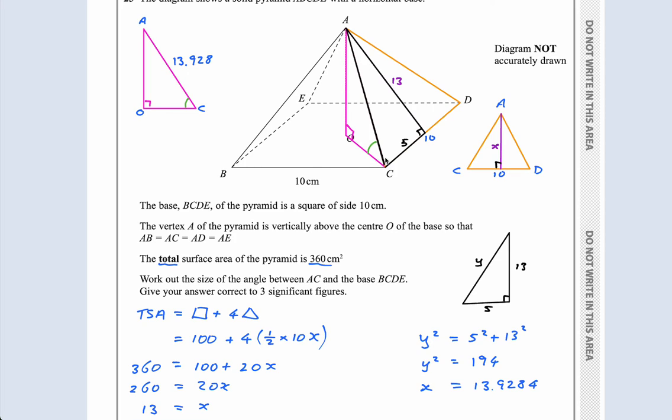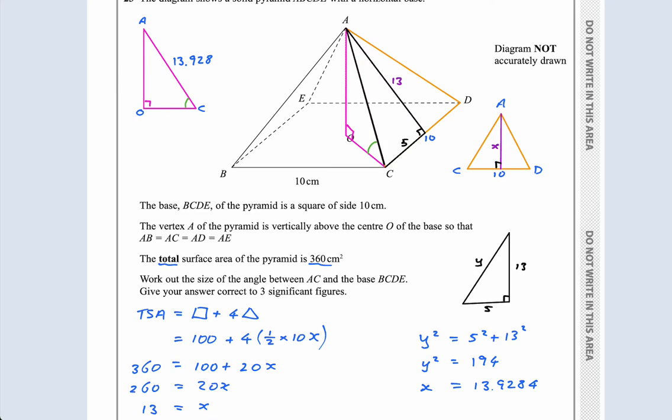Now there's a few different things I could do, guys. I am going to get, I think, this length, or I could get this length here using this triangle. I can't actually decide which one is easier to do.